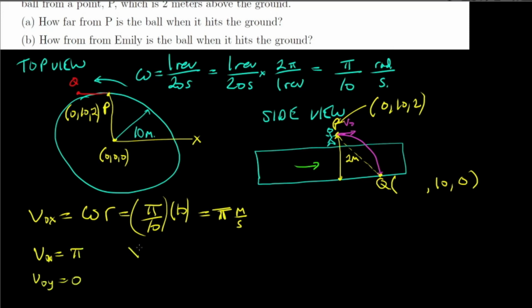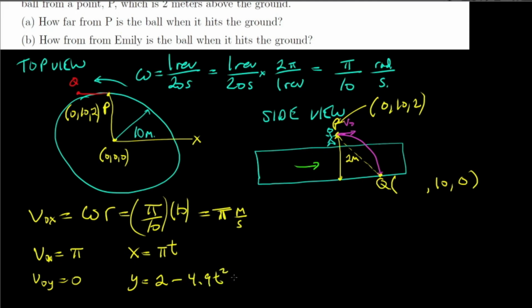So x is just going to be v0x times t, so pi times t. And then z is going to be z0, which is 2, plus v0z, which is 0, minus 1/2 gt squared. So 1/2 g t squared is 4.9 t squared.